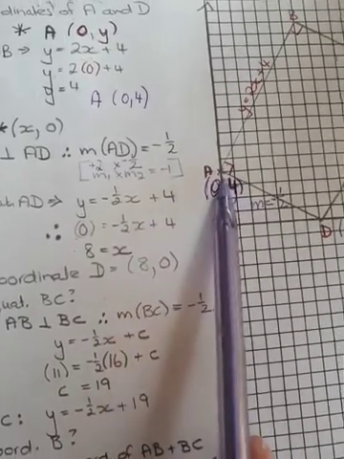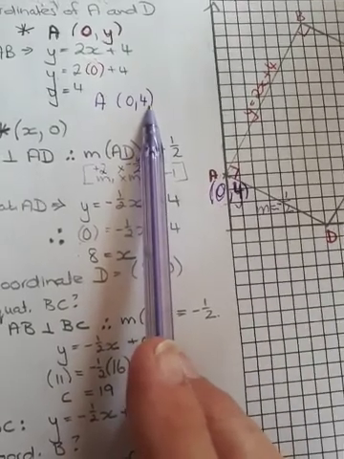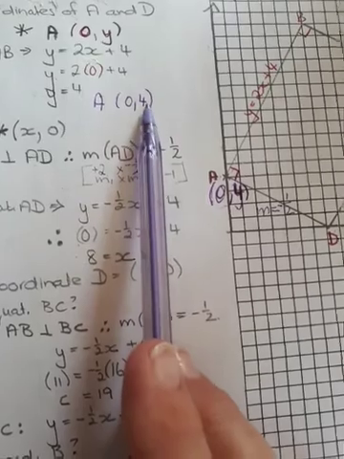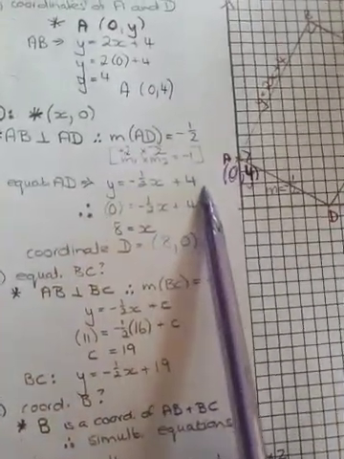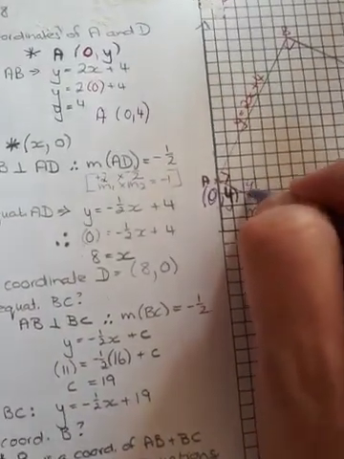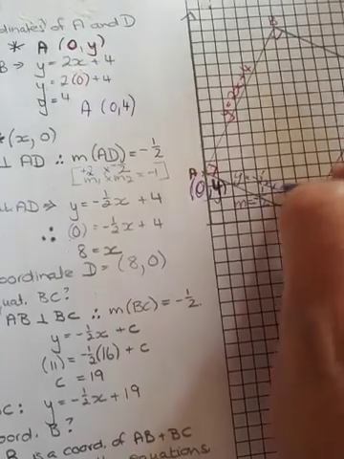You can read off the y-intercept from your previous point that you calculated, the y value for A. So you have got the equation, and you should write this in here: y equals negative 1/2 x plus 4.